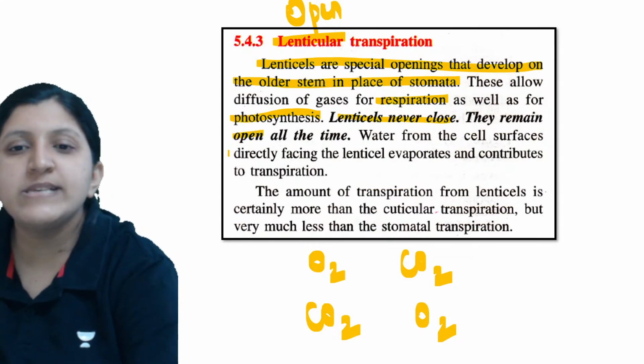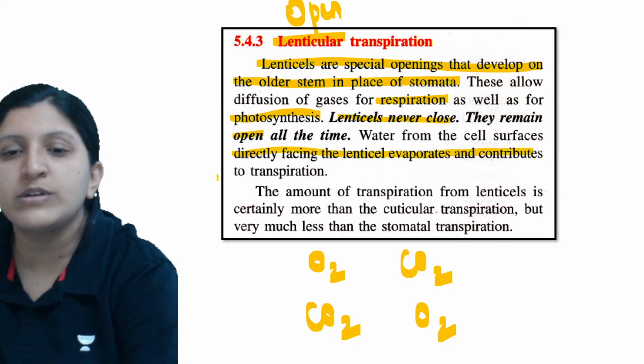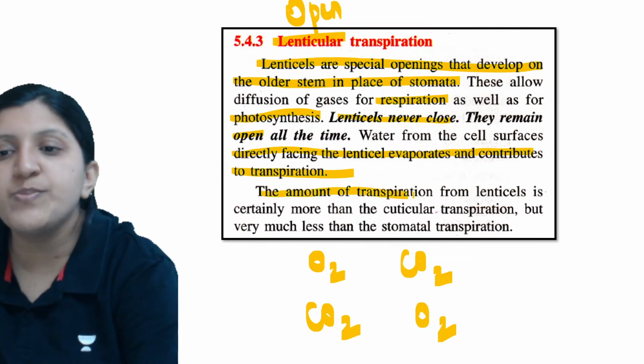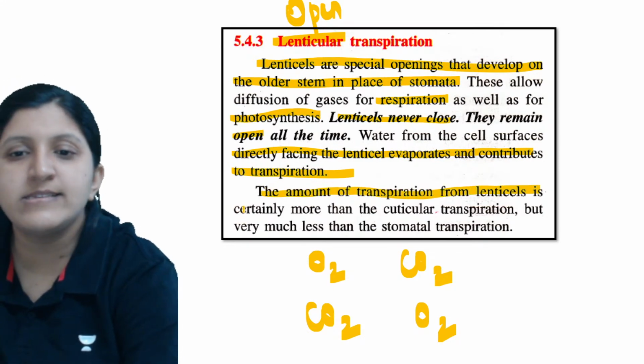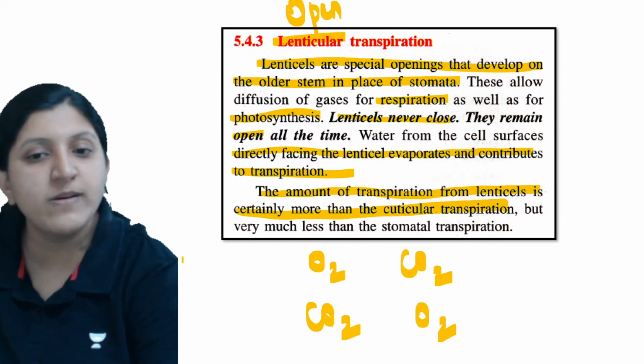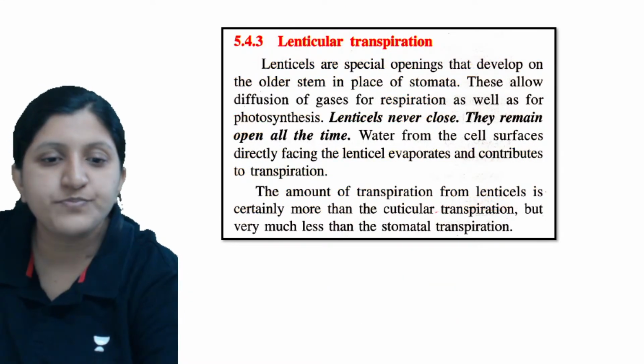Water from the cell surface directly facing the lenticel evaporates and contributes to the transpiration. The amount of transpiration from the lenticels is certainly more than the cuticular transpiration. So which comes first? First it is the stomatal transpiration.